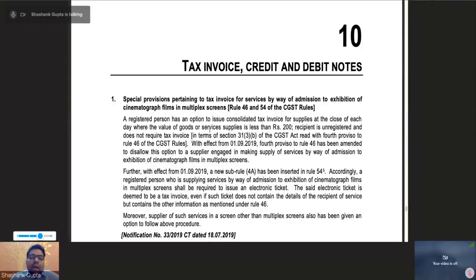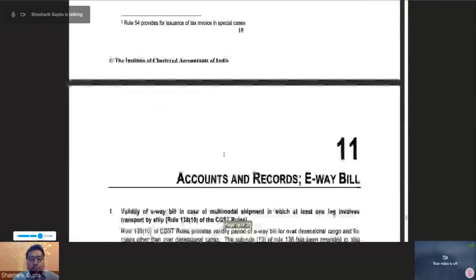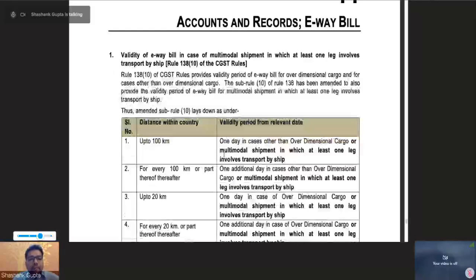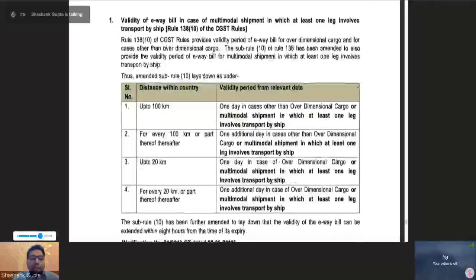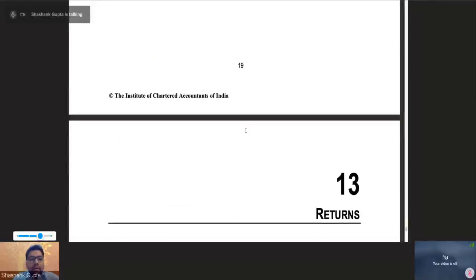Moreover, they have been required to issue e-tickets, which will be considered as invoices, and for single screen cinemas, the old format, they have an option to choose to do so. So this is mandatory for multiplex screens, but optional for single screens. Validity of e-way bill. This we have already discussed in our discussion for e-way bill.